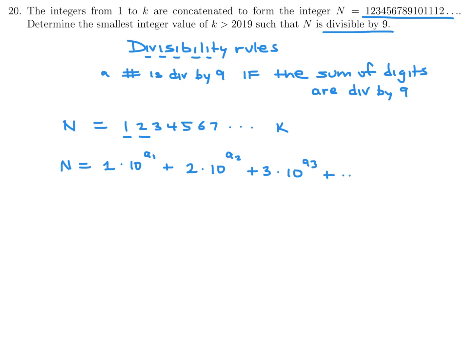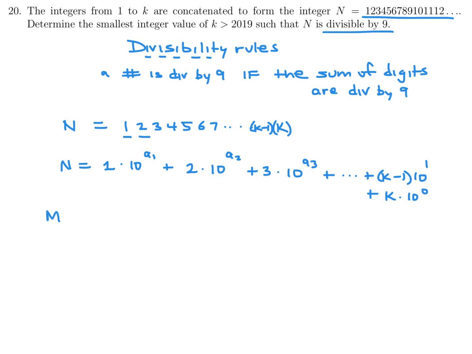Eventually you get to k minus 1, right before k, times 10, and the last one is k times 10 to the power of 0. That's pretty much the way you would write it out.